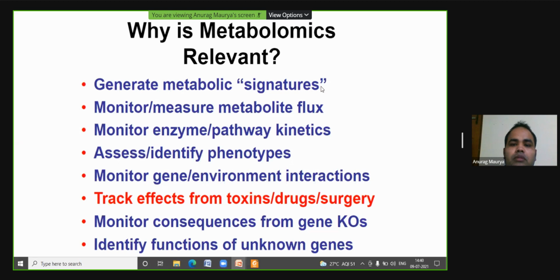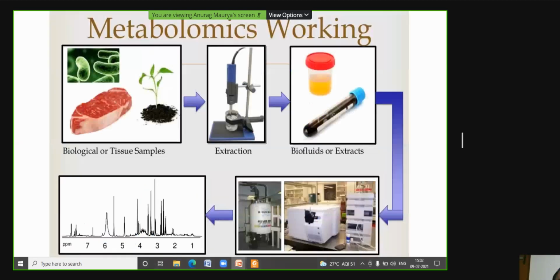So before putting that into the machine, you will try to clear the clutter. You will want to remove all the metabolites except the lipids if you want to do so. So that is done in the sample preparation procedure.